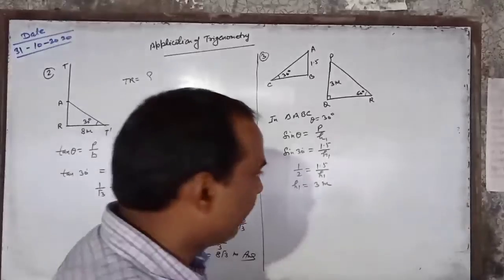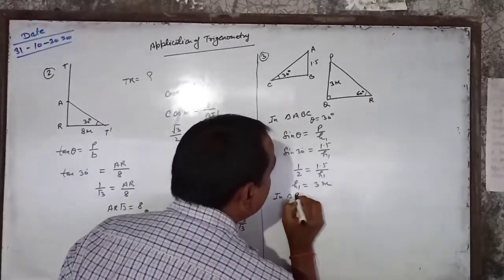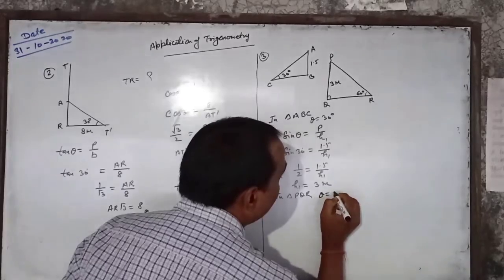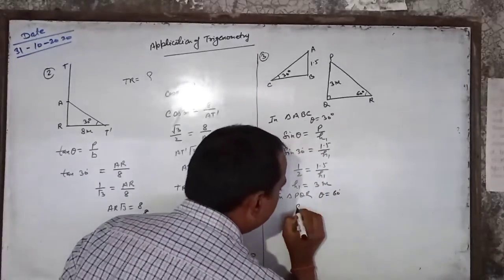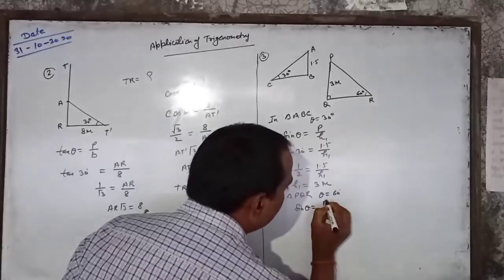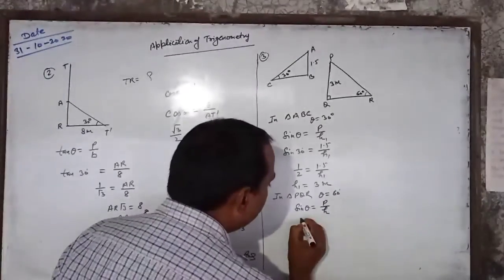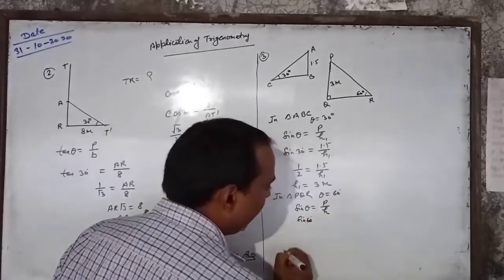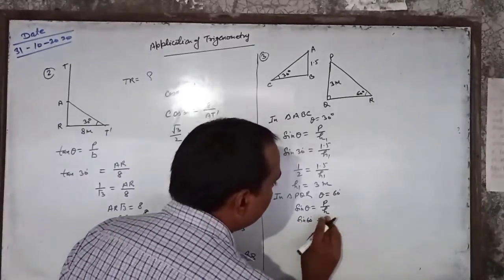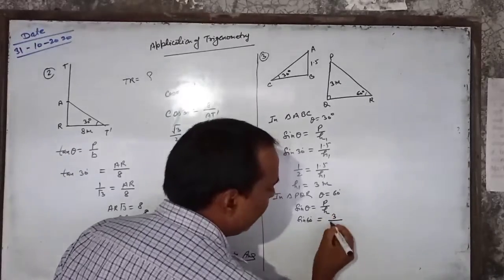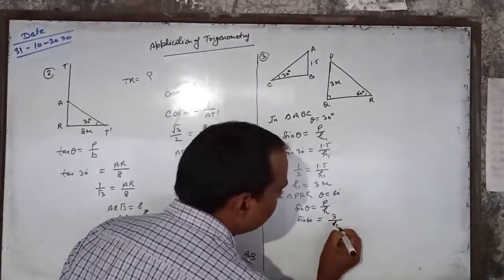And in the second case, it means in triangle PQR, here theta equal to 60 degree. Again using the same sin theta equal to perpendicular by hypotenuse. Here theta equal to 60, perpendicular PQ is given already 3, and the hypotenuse PR of length H2 we have to find.